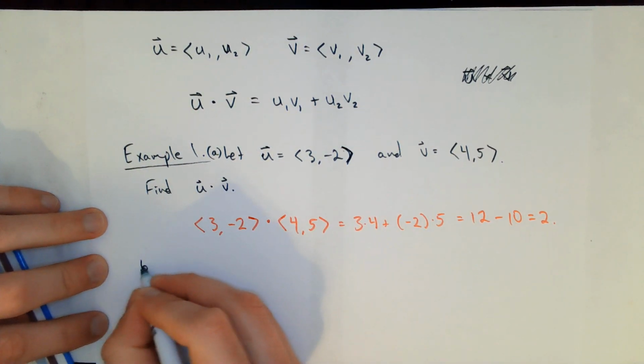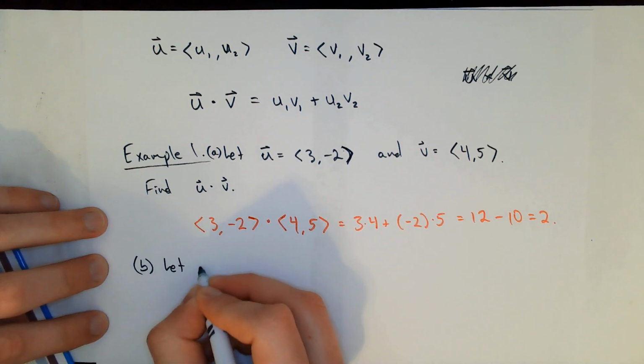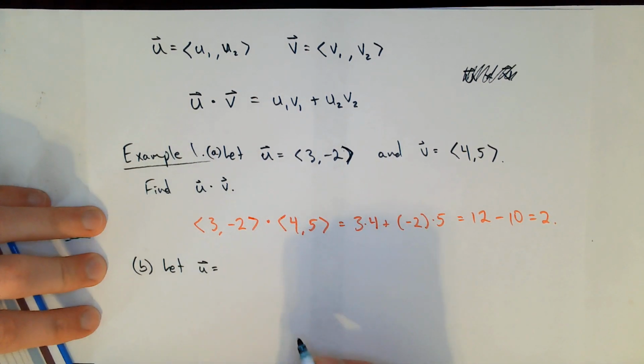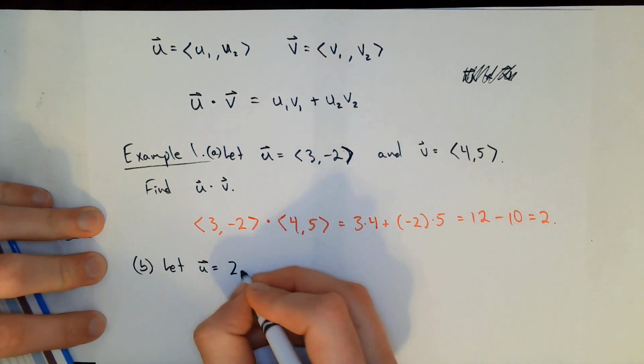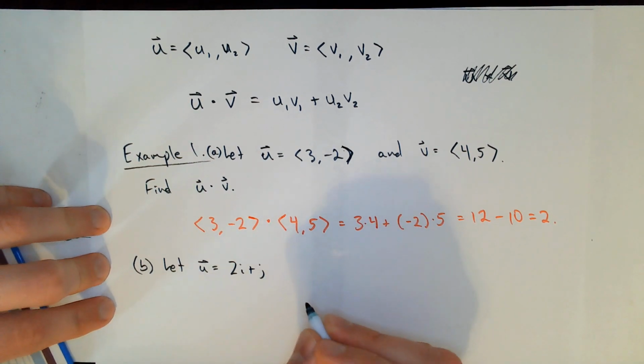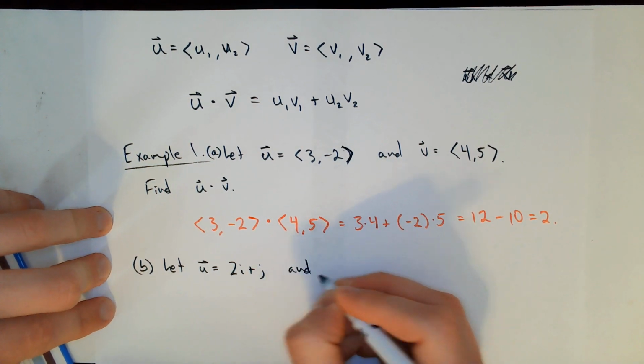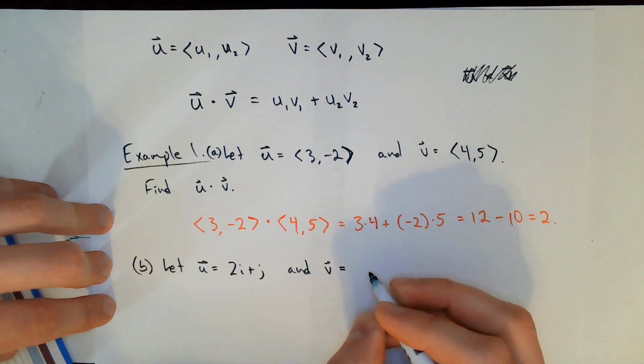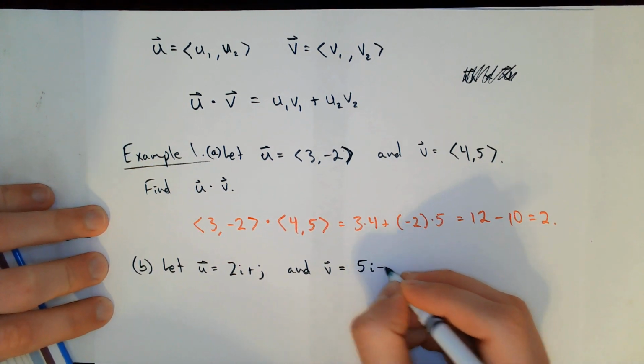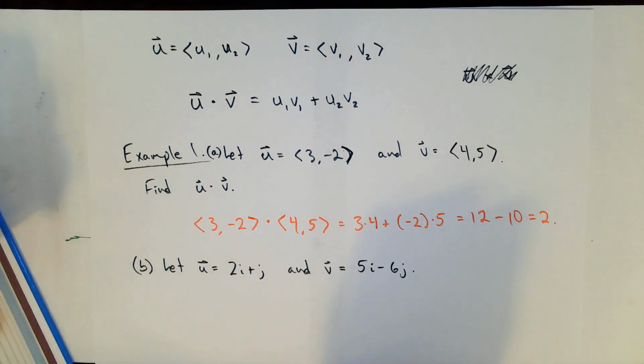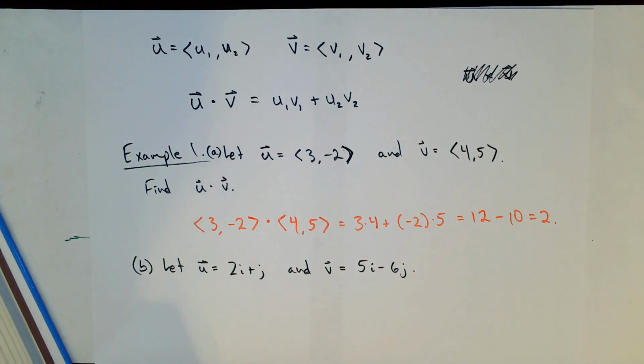Do part B now. Part B, let vector u equal 2i plus j, so giving it an ij form here, and v equal 5i minus 6j. And recall that this is just another way to write a vector, just using those unit vectors. i and j are unit vectors.